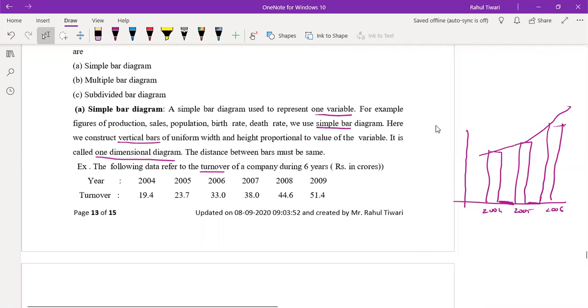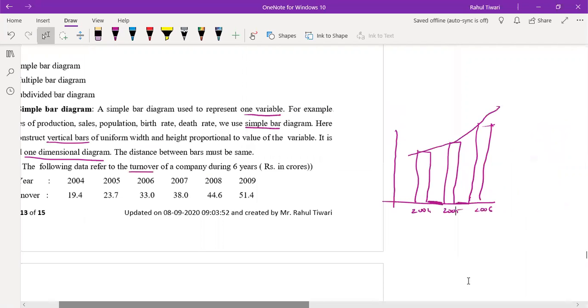I hope you are clear how to define a simple bar diagram, and you need to define everything. On the x-axis we have the year, and on the y-axis we have profit or turnover, whatever you call.